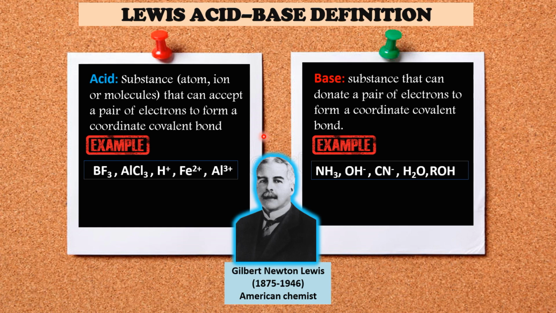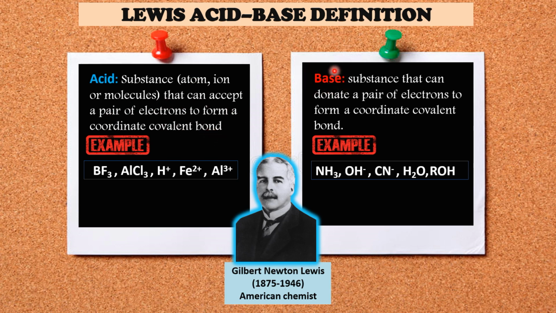The next theory is the Lewis acid-base definition. The Lewis theory was introduced in 1923 by the American chemist Gilbert Newton Lewis, in which an acid is a substance, an atom, ion or molecule, that can accept a pair of electrons to form a coordinate covalent bond.